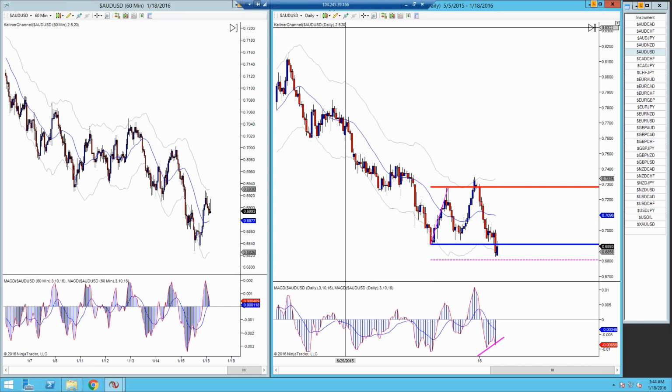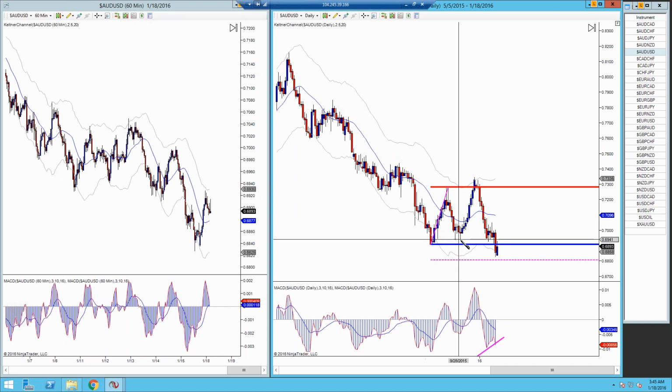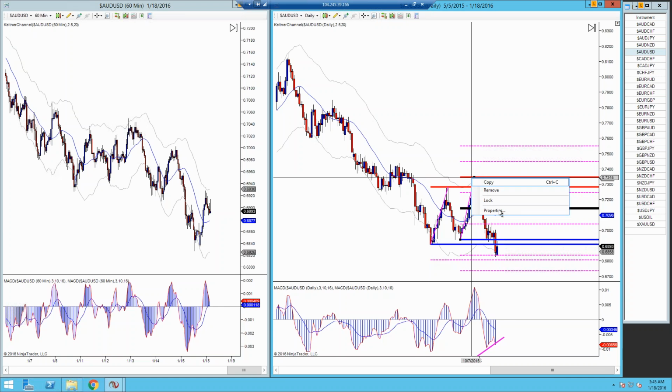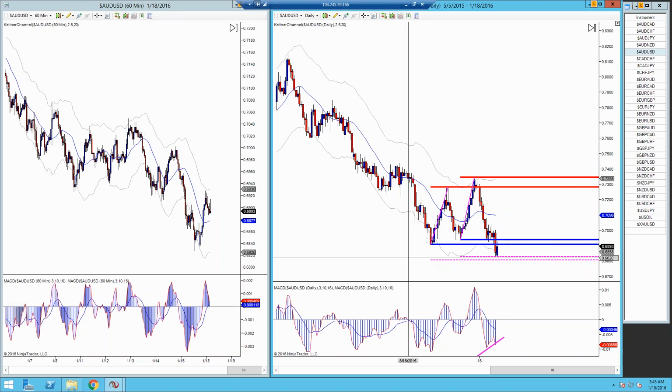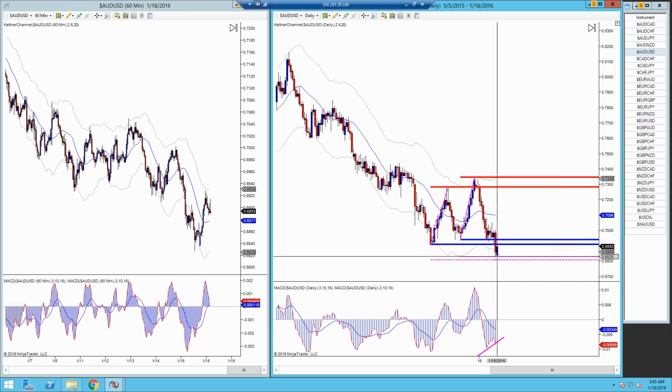We also have this extension from here, here, okay. Do the same thing again right here. 127.20. It's called an extension line. All right, and you can see resistance has come in because we got two important swing lows. It hit it.